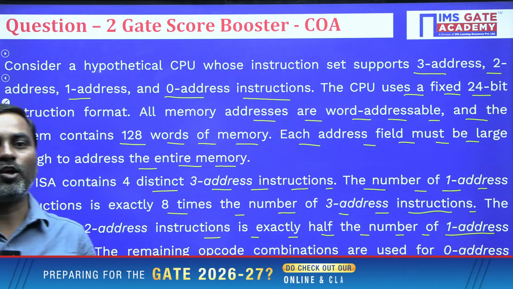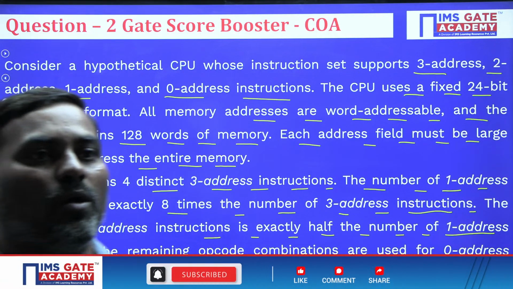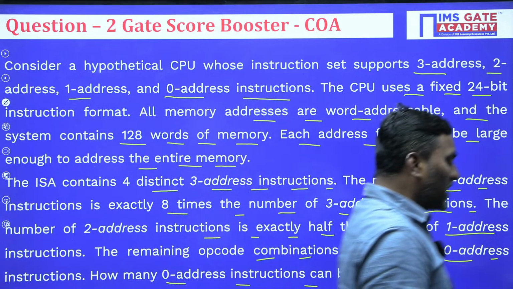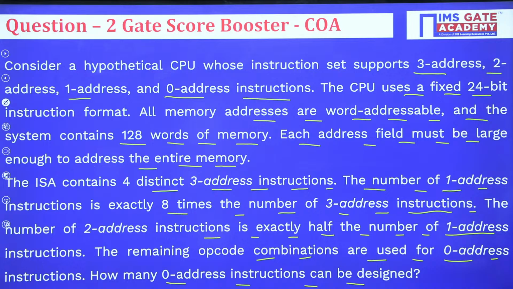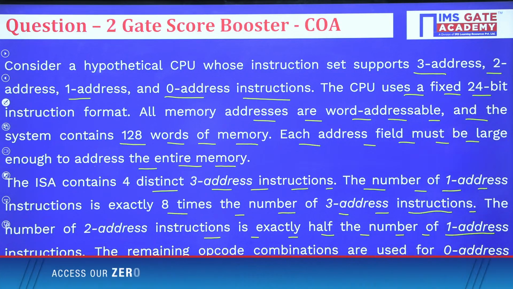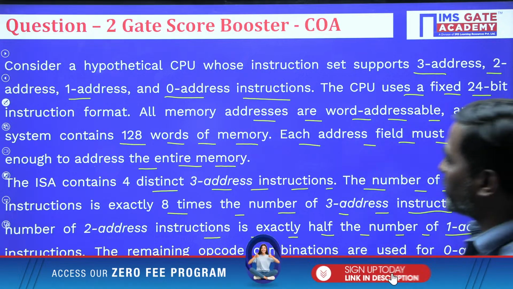It is instruction encoding, we can say. So one particular architecture is supporting types of address instructions. How many? 0, 1, 2, 3. 4 types are there now: 3 address, 2 address, 1 address, 0 address.